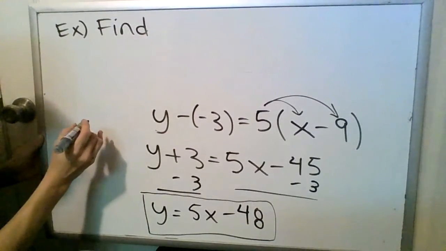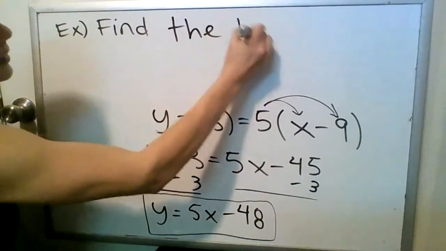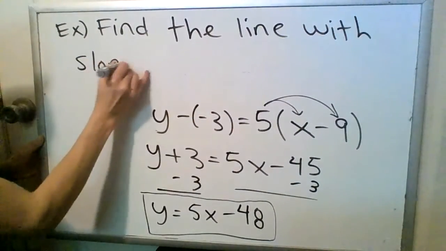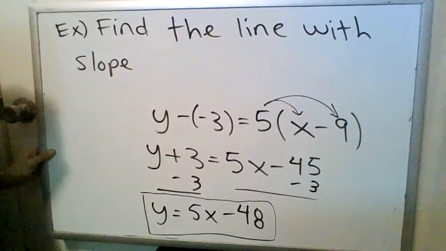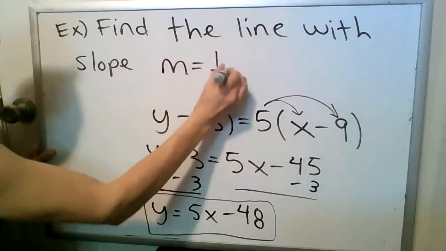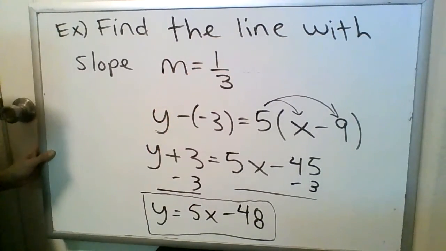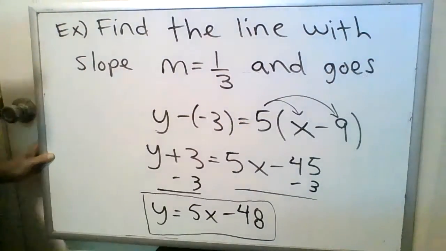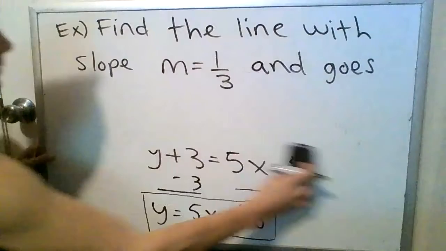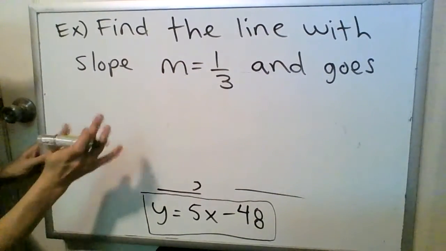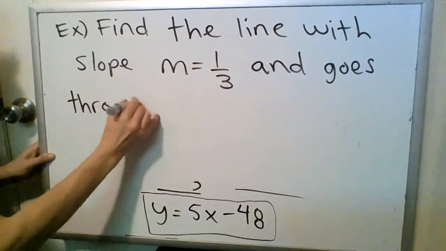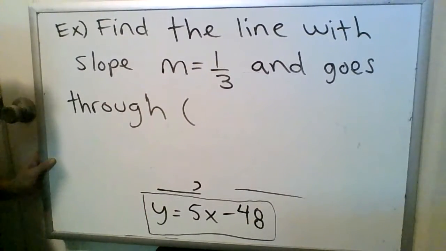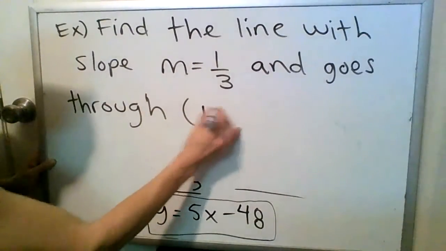The line with slope of 1/3 and goes through, let's do 12, 9.